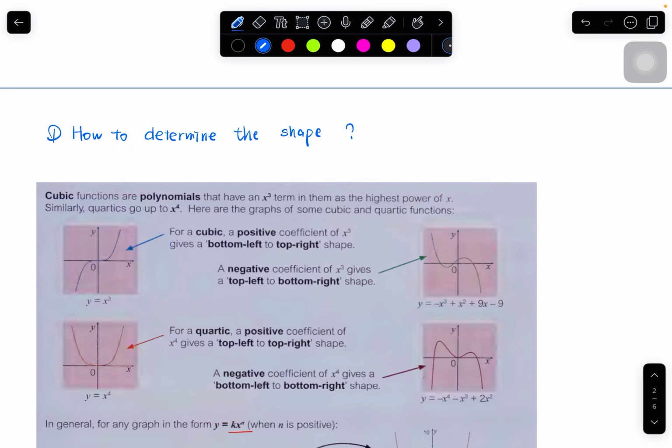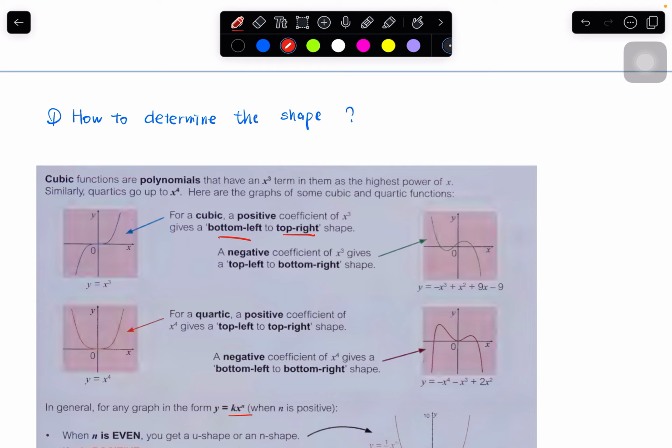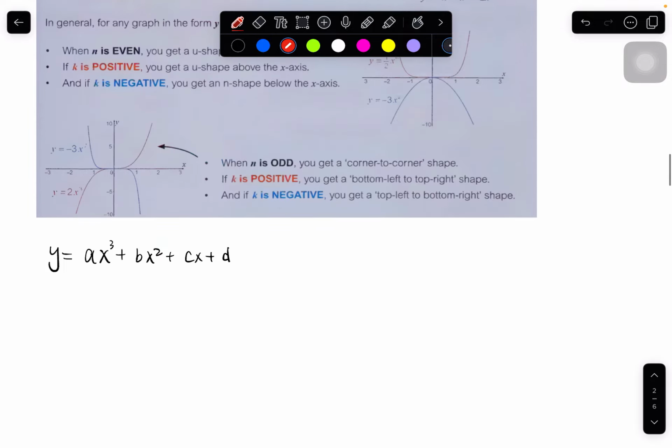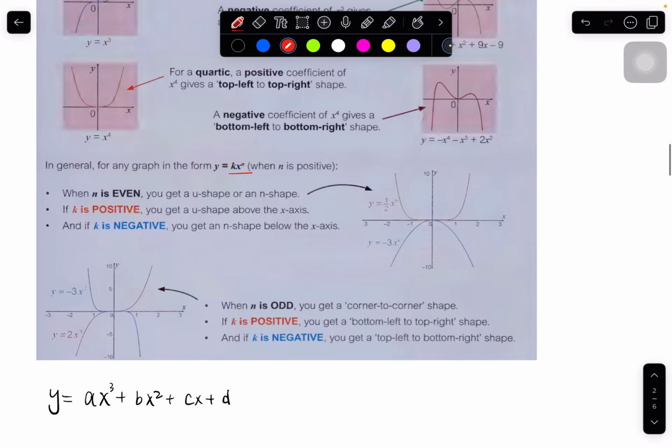So now, the cubic functions. What's the shape of a cubic function? We have 2 shapes: bottom left to top right, and top left to bottom right. I'm gonna explain why that happens. For example, now we are going to sketch a cubic function.